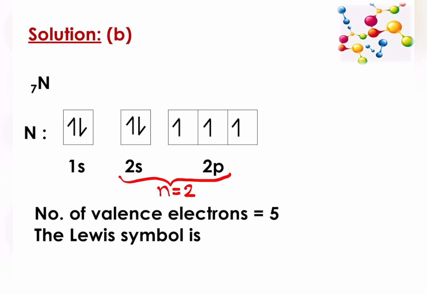And the Lewis symbol is the symbol for nitrogen, and you will have 5 dot symbols around it. So put each of them at each side, and after that the last one you put at any side you want. So this is how you write the Lewis dot symbol based on specific elements that I give to you.